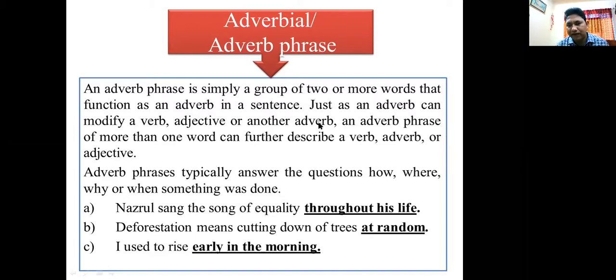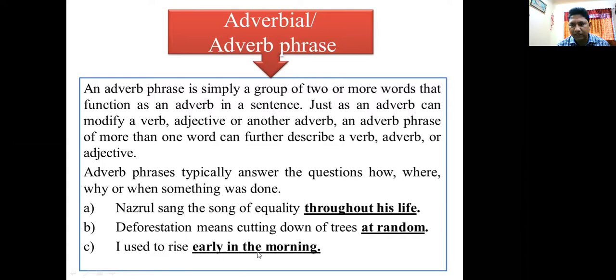Okay. Adverbial phrase can also modify adverb, verb, and adjective. Adverb phrases typically answer the questions how, where, why, when something was done. Okay. When you ask a question by using WS word why, how, where, when, you will get the answer, and it will be adverb or adverbial phrase.